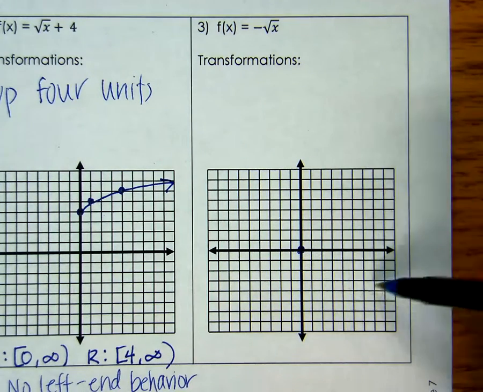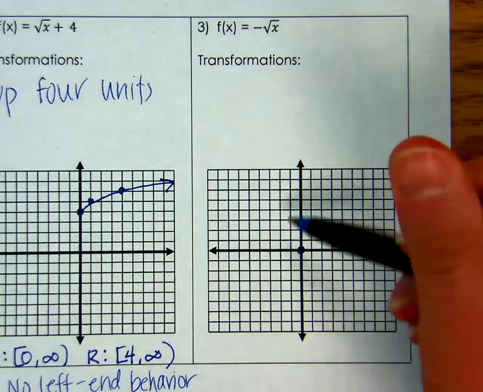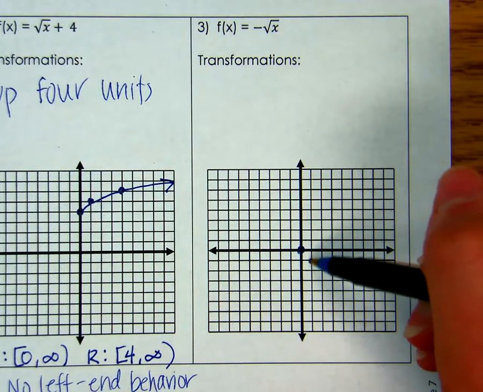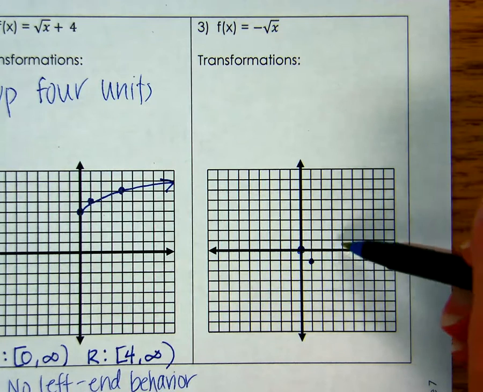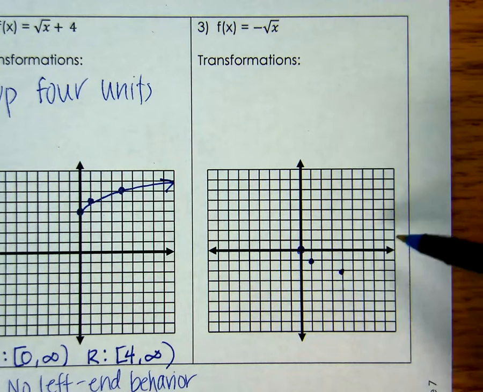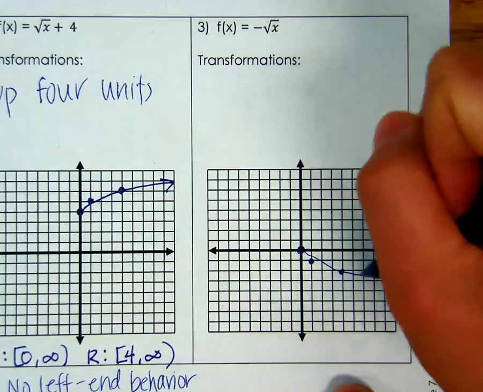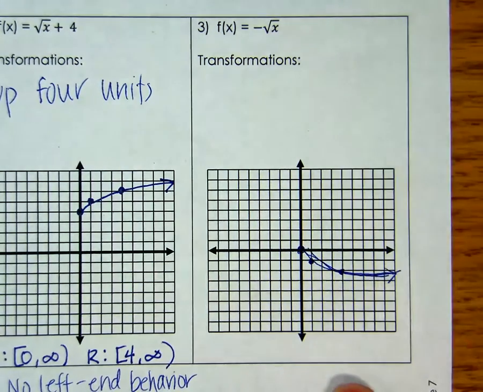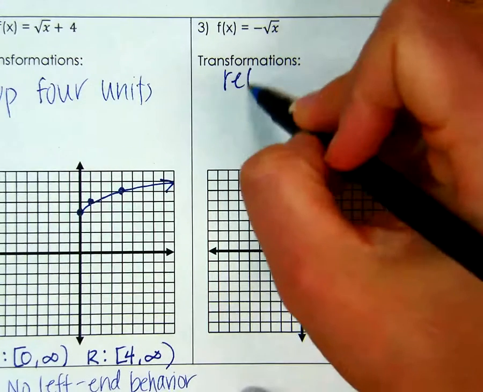So instead of going over 1, up 1, I'm just going to go over 1, down 1. Instead of over 4, up 2, I'm going over 4, down 2. And then I can draw my not so pretty square root of x function. You could fill in here reflect in the x-axis.